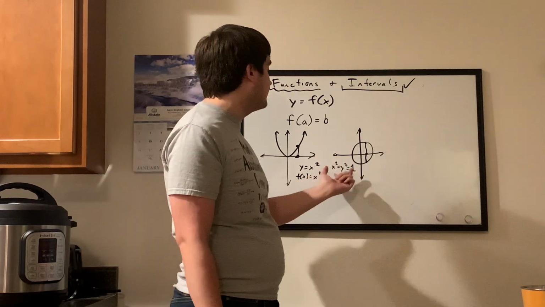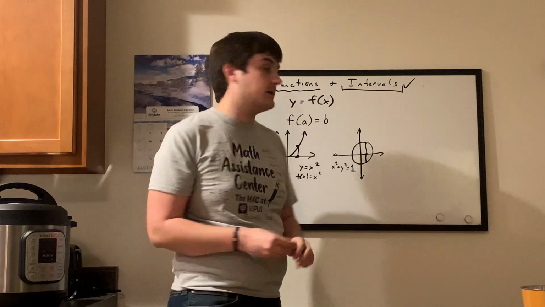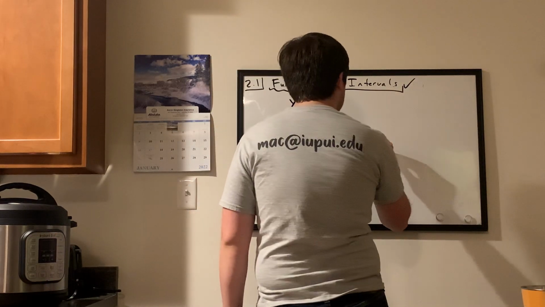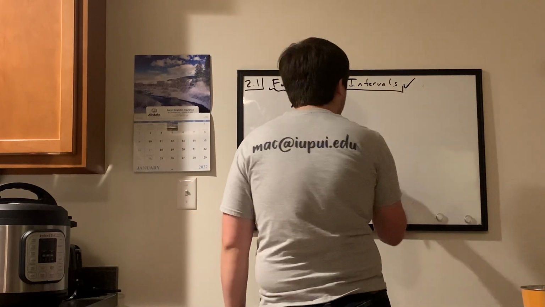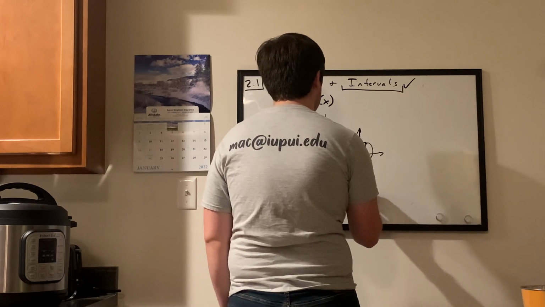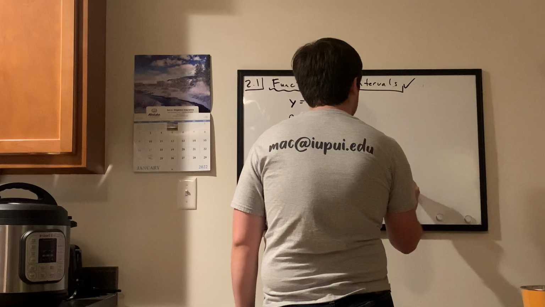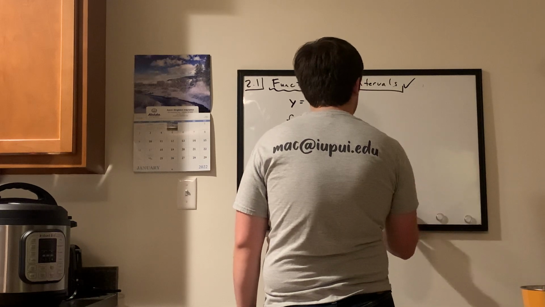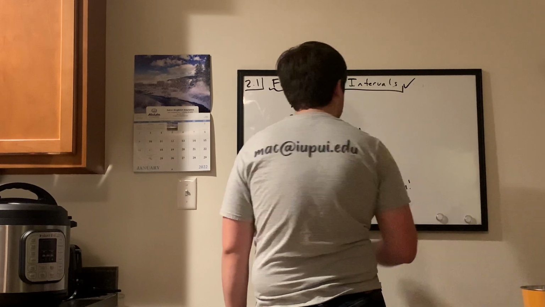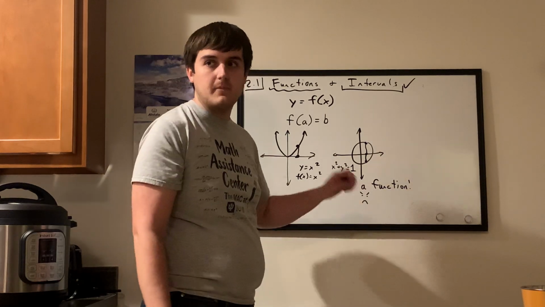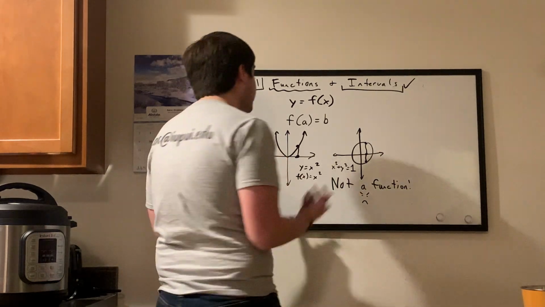Might I be able to take a piece of it and use it? Absolutely. But in this case, there are two values for this x, so it's not a function. That makes sense. This over here, though, is a function.